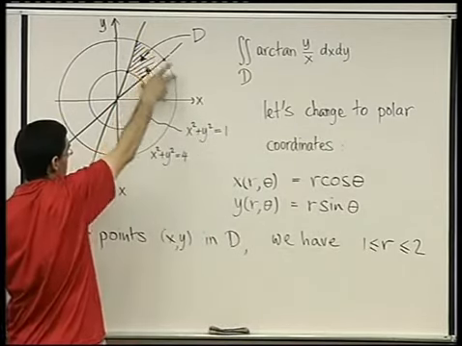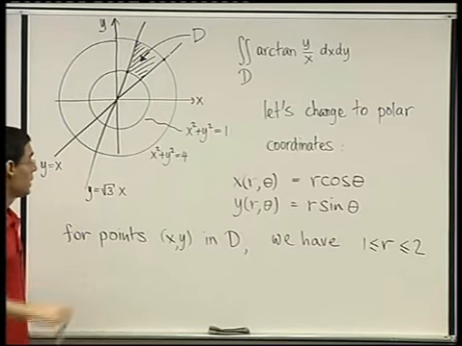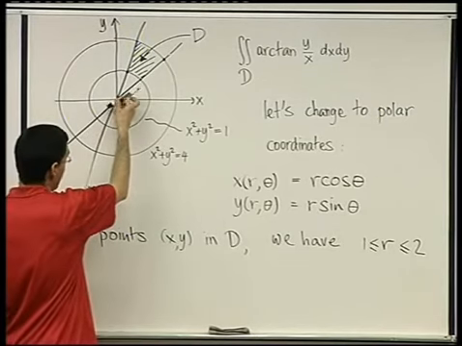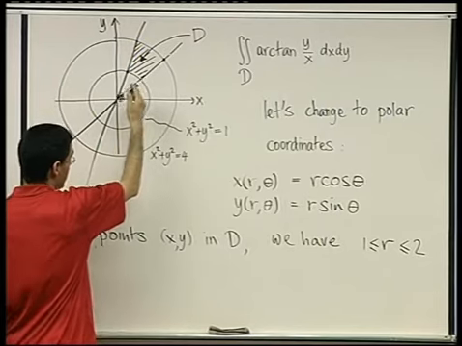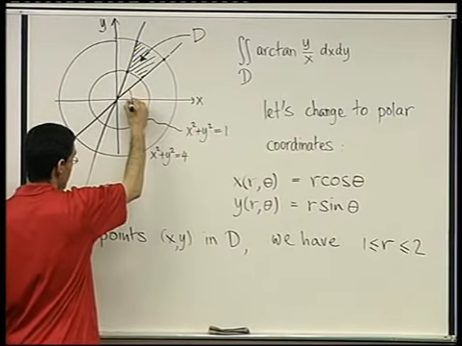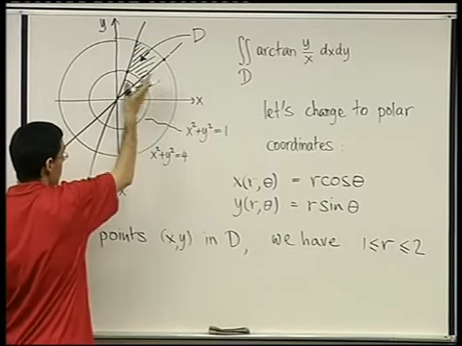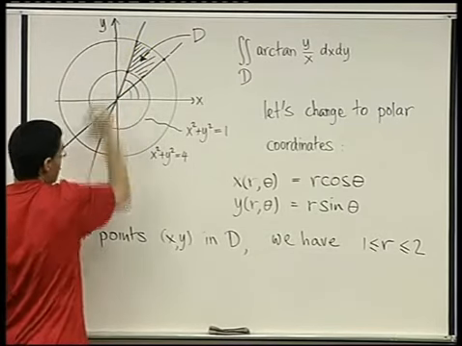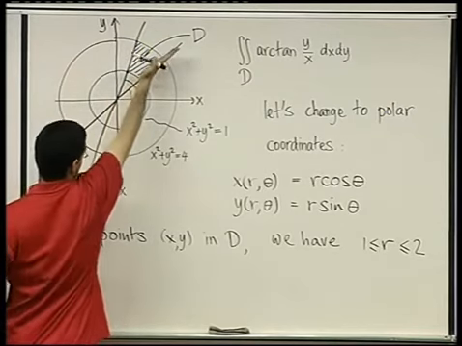All the points in D have their r's between 1 and 2. And what about theta? Their theta is between the angle that this line makes with the positive x-axis, this angle, and between this angle, between this theta and this theta. Do you agree?